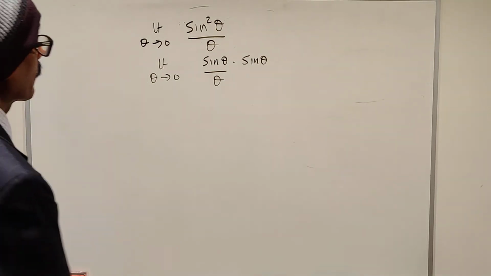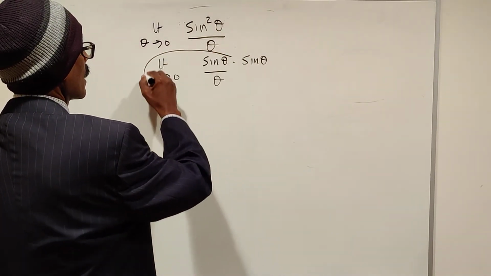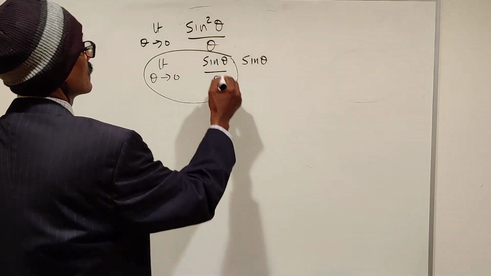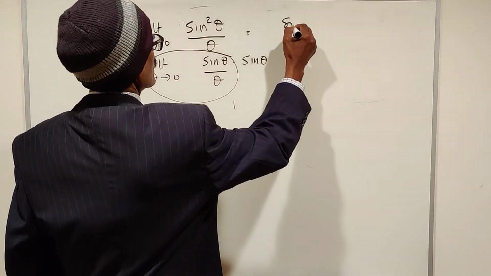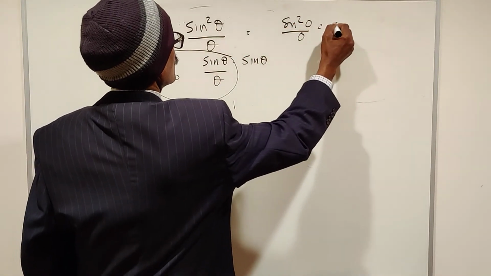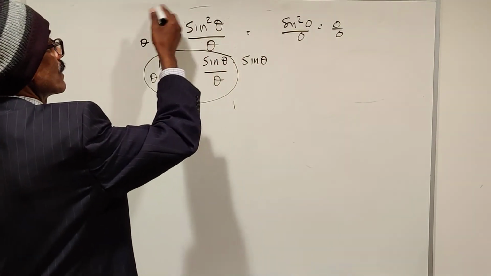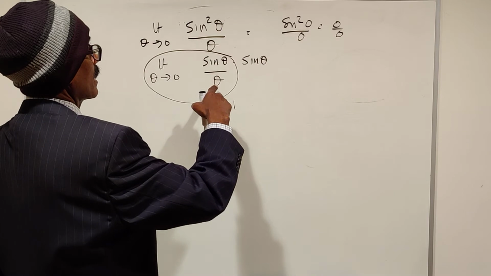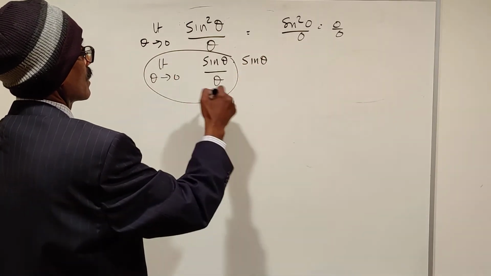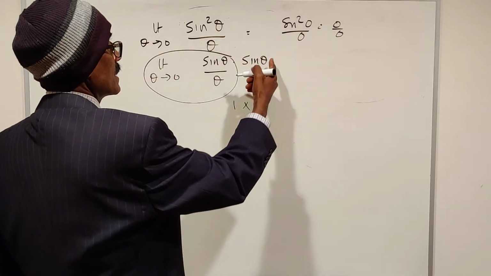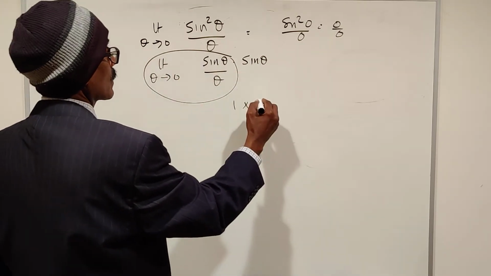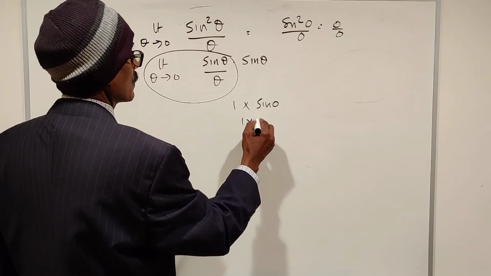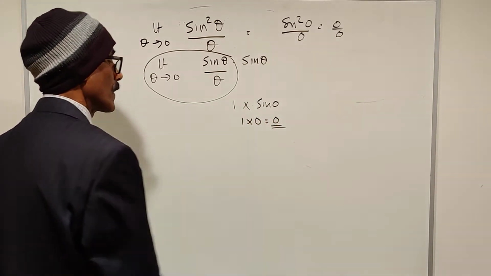Otherwise, sine square 0 by 0 is 0 by 0 form. There is a limit value, and we are going to find out the limit value. Sine theta by theta times sine theta. This is 1 times sine 0. Sine 0 is 0. 1 times 0, the answer is 0.